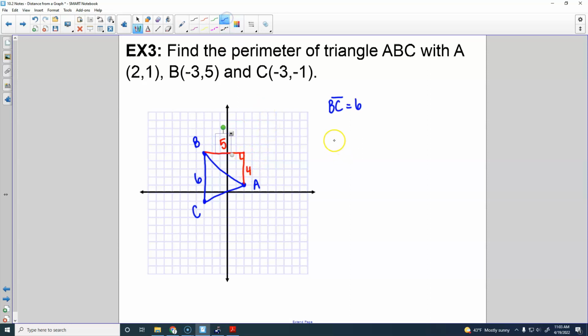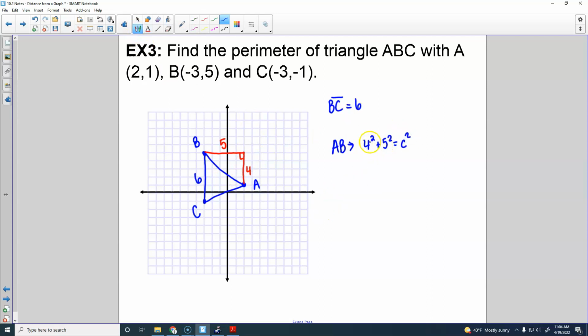So to find AB, I've got to do 4 squared plus 5 squared equals, actually I'm going to call that side right there, call it, well, I'm going to call it just C squared.